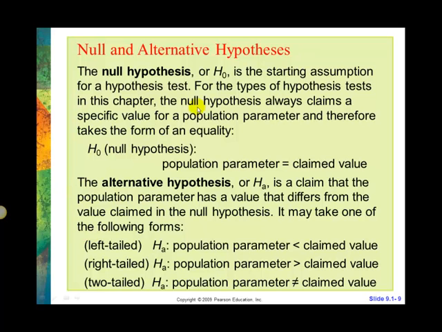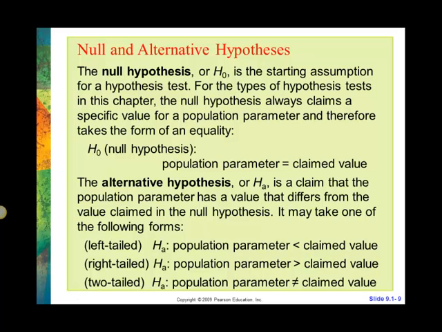Our null hypothesis is always going to be equals. That's it. It's always just equals, because that means it's set equal to the normal standard that we're expecting. The population mean that we've determined is the value that we're looking for. We're looking to see, have we changed it at all from that?